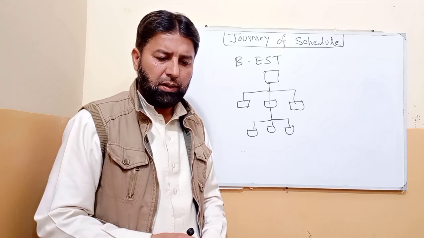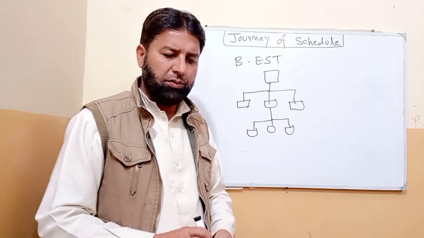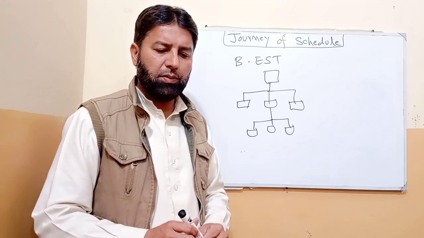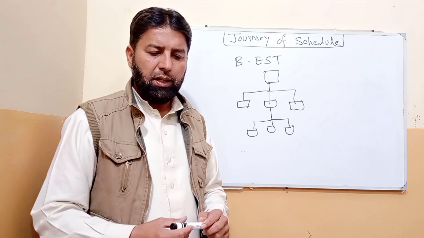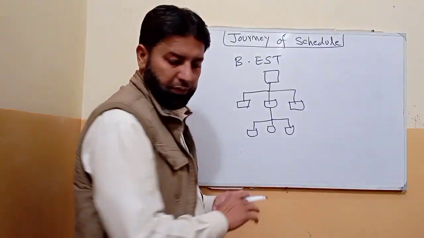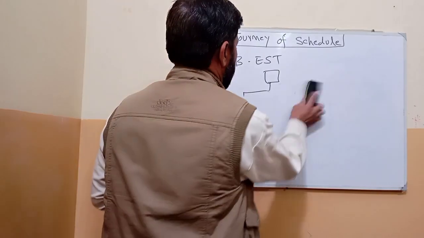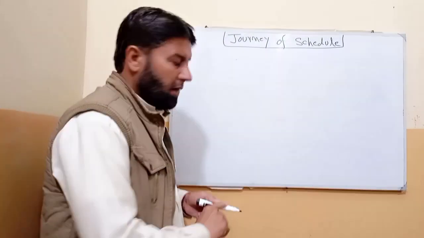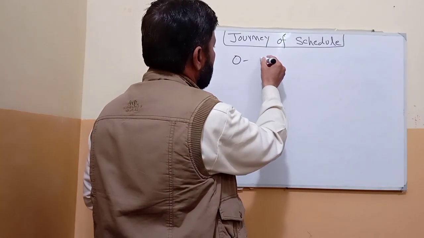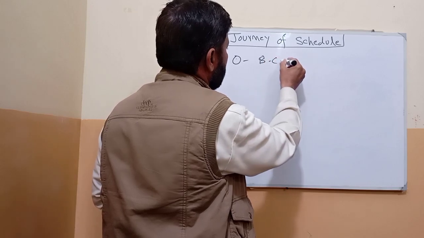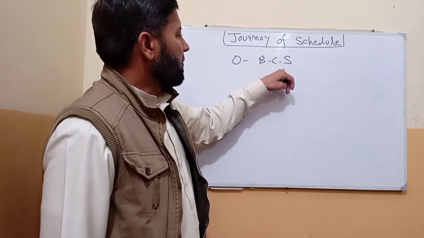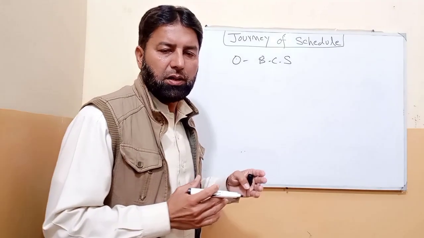Then we will go for another technique: 3-point estimation. Triangle estimation and beta estimation are part of it. In triangle we have optimistic, the best case scenario, when there is no rain and resources are available.